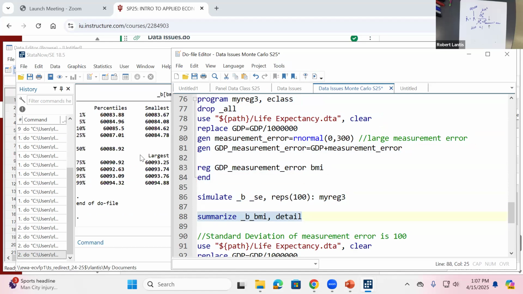Remember we said if we have random measurement error in the dependent variable, what does that do to our coefficient? Nothing. It was only measurement error in that independent variable that screwed up our coefficient. With measurement error in the dependent variable, we actually end up with the exact same coefficient as if we didn't have the measurement error. Okay.